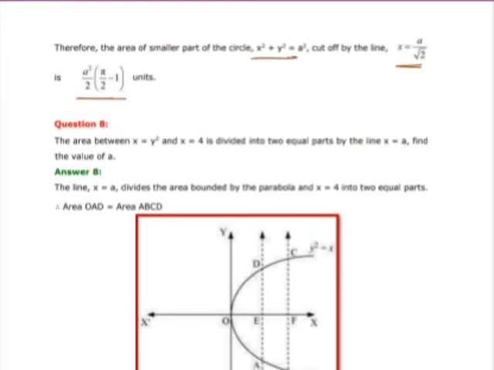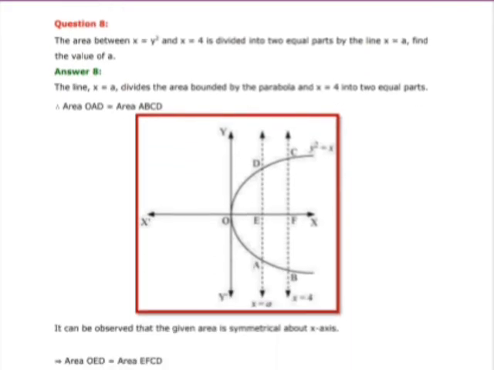So next, the eighth one: the area between x equals y square and x equals 4 is divided into 2 equal parts by the line x equals a, then find the value of a. They are given. Again x equals y square is a type of parabola only. Let's see the line x equals a divides the area bounded by the parabola and x equals 4 into 2 equal parts.